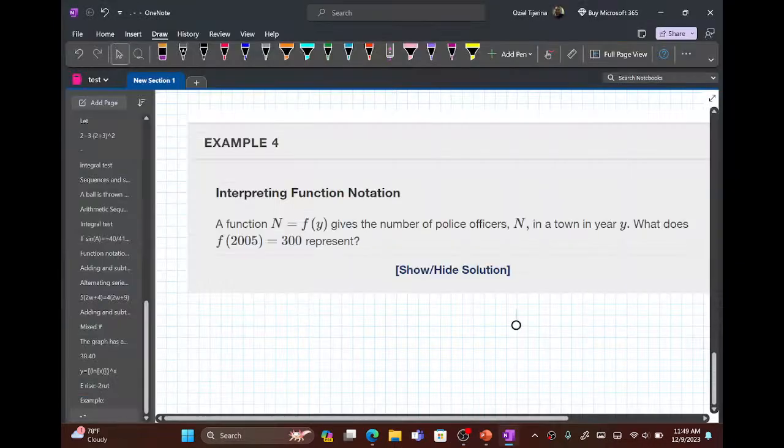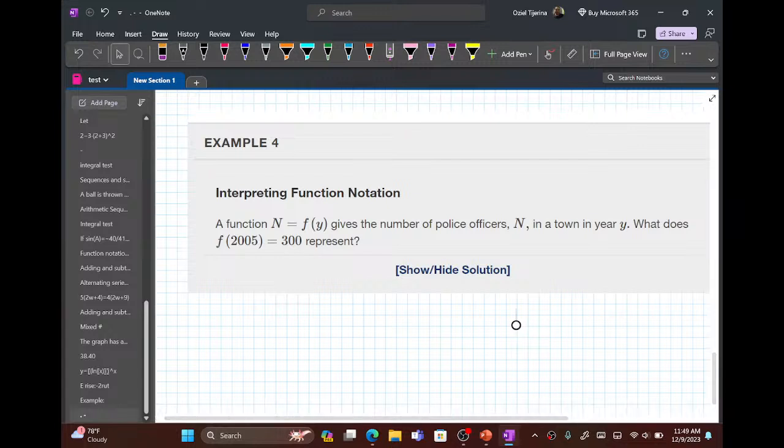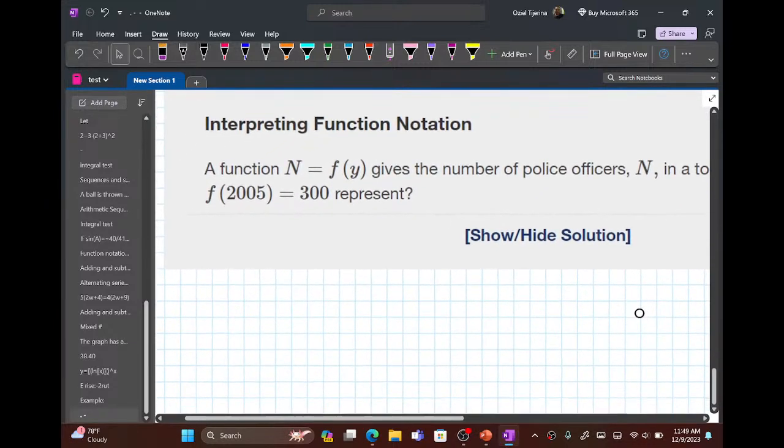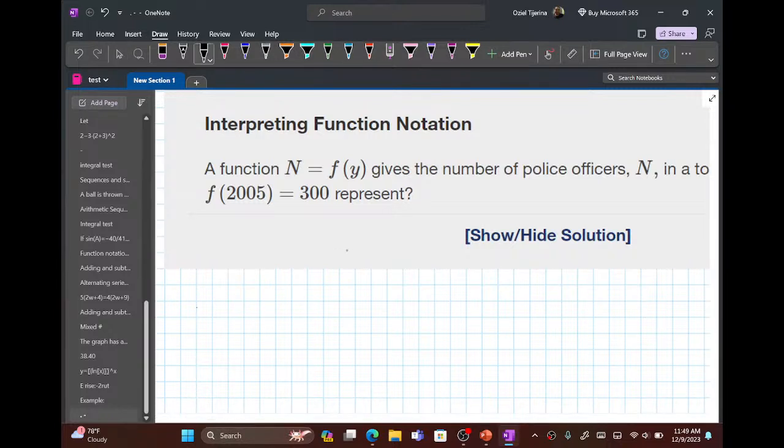Here we have a function n equals f of y, which represents the number of police officers n in a town in year y. What does f of 2005 equal 300 represent? Let's do the year as y. I had said y equals f of x, but in this case, n is f of y.